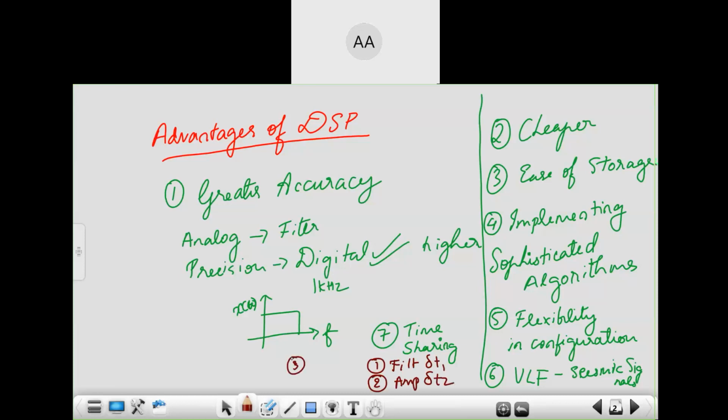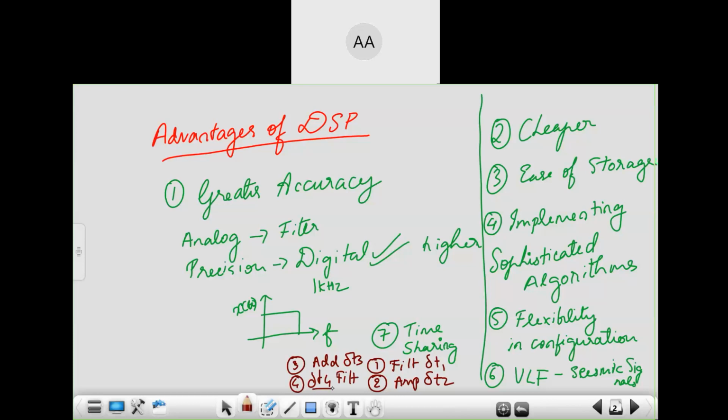Then I may do some addition operation at delta t3. Again back, at delta t4 I'm going to do the rest of the filtering operation. So at very small time intervals, you can divide multiple jobs in time. This is called time sharing, and this option is also available using a DSP processor.